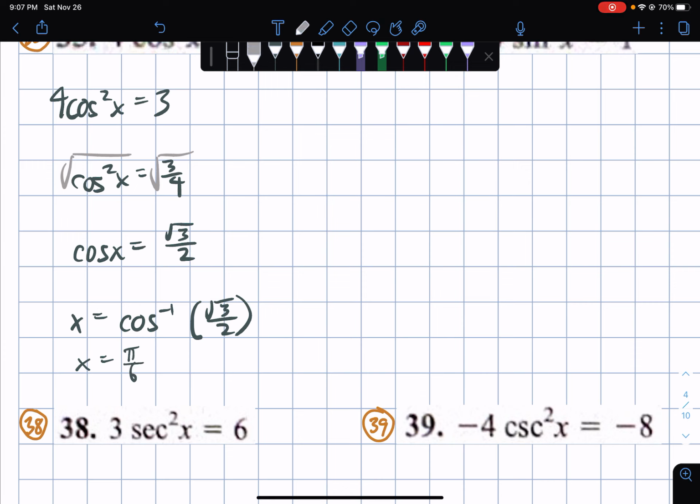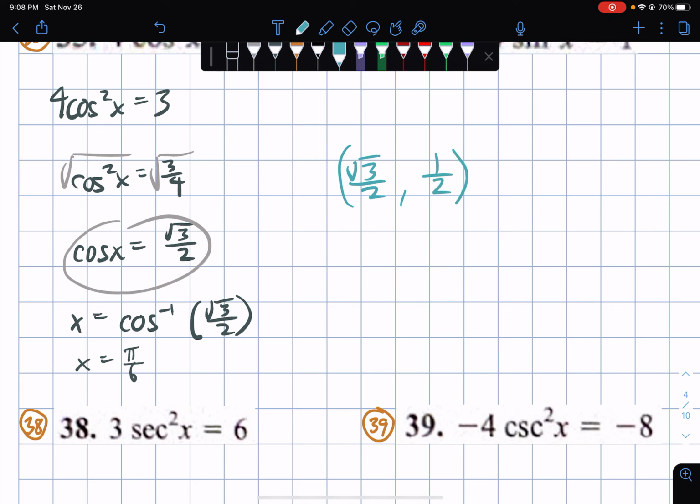For good reason. Initially, we knew that cosine x is the square root of 3 over 2. I said earlier that if cosine theta is exactly the square root of 3 over 2, then the sine or the y value would be 1 over 2.